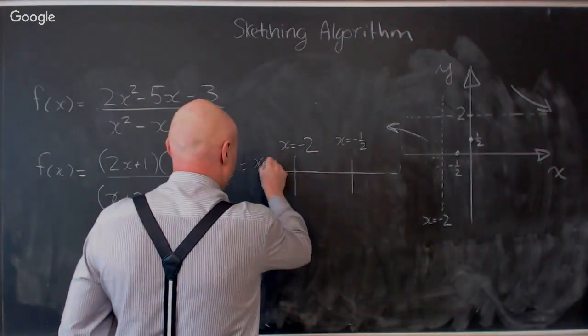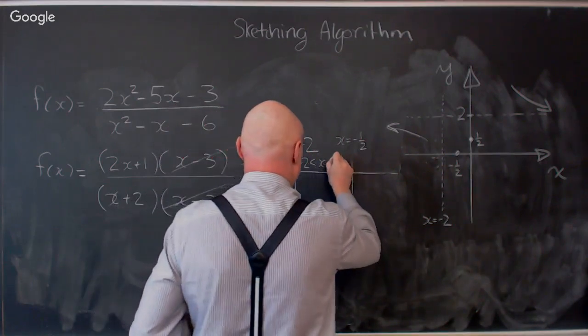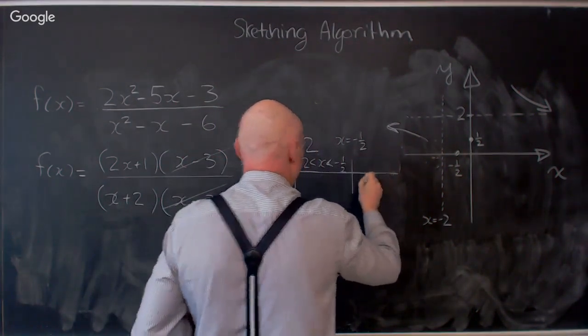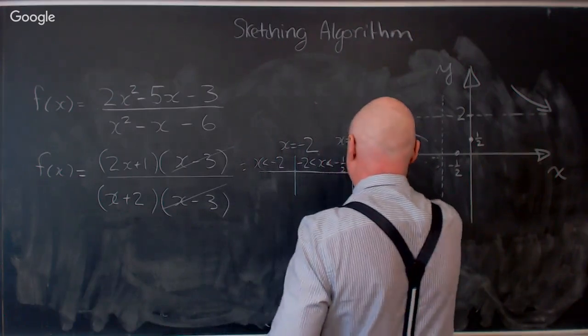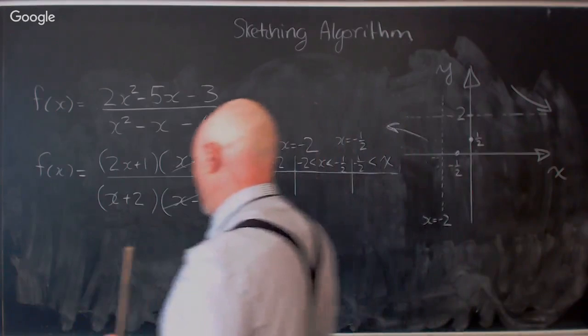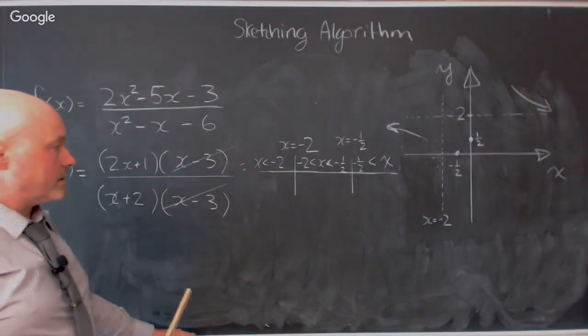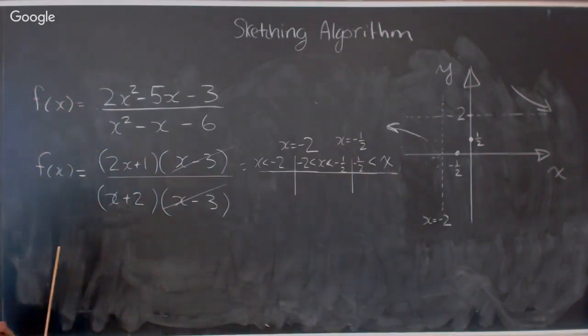It's going to divide our positive and negative values into basically 3 intervals. One of those intervals is when x is less than -2, then when x is between -2 and -1/2, and then again when x is greater than -1/2. So we've got our 3 intervals there. Exciting things are going to happen as far as sign changes go.